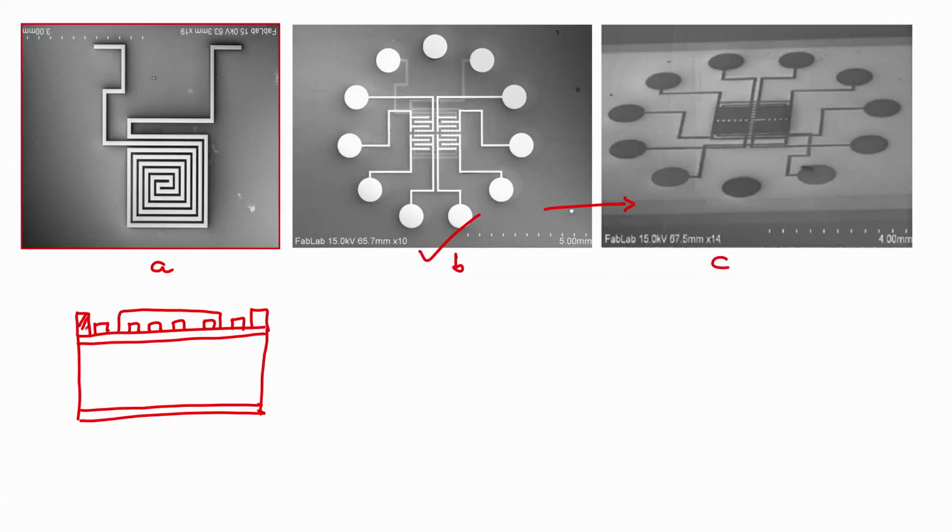Let us say this is an insulator, and these are the contacts, the contact pads to the micro heater.